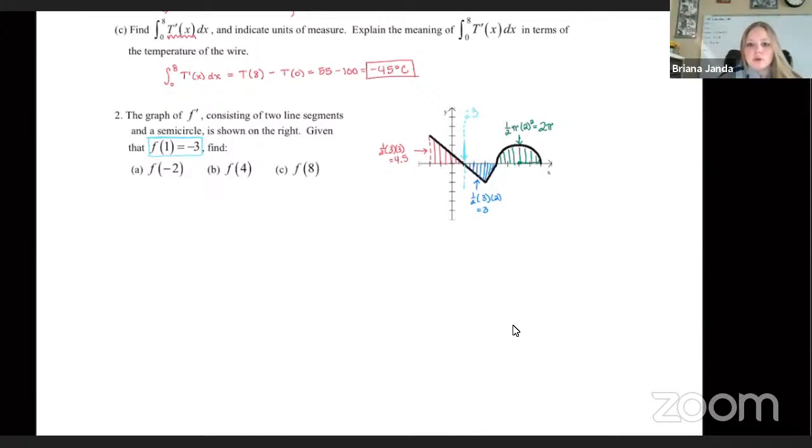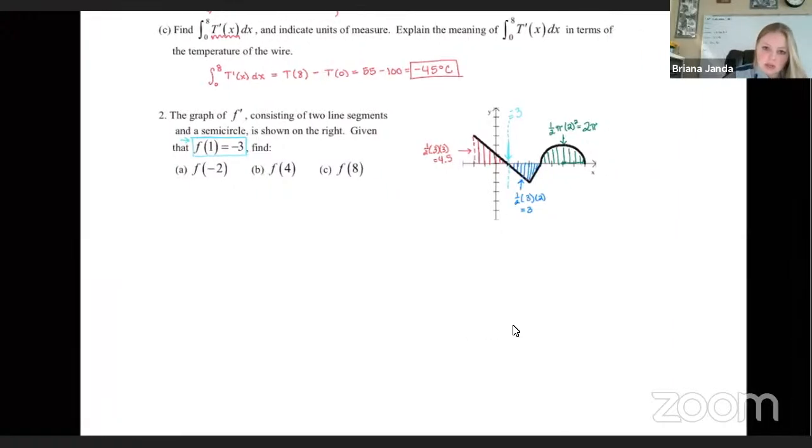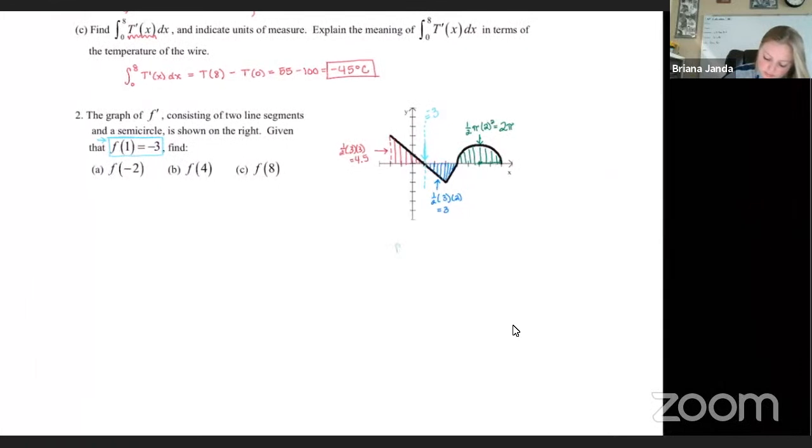As we move forward, actually let me show you this in a little more calculus way, to prove my point about moving forward and moving backwards. We actually saw a question like this. If I wanted a function that had this property, that f of 1 equals -3, I could create the integral from 1 to x of f prime of t dt.